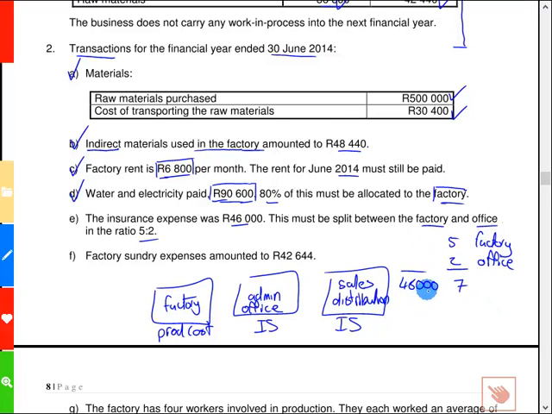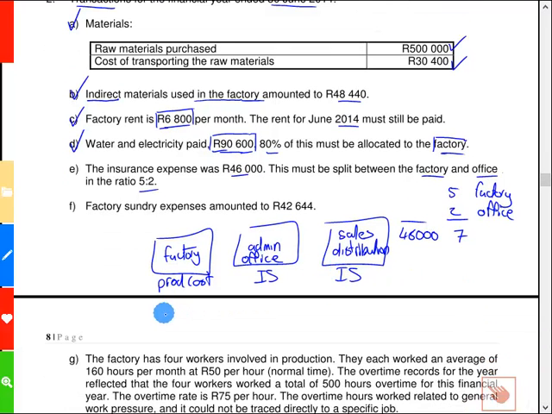Right, so we can again do our shortcut here. We can say, take what we have, multiply by what we need over what we have. This we're going to get from where? The ratio, yeah. And this is my ratio. And this we're going to get from our actual information, 46,000.